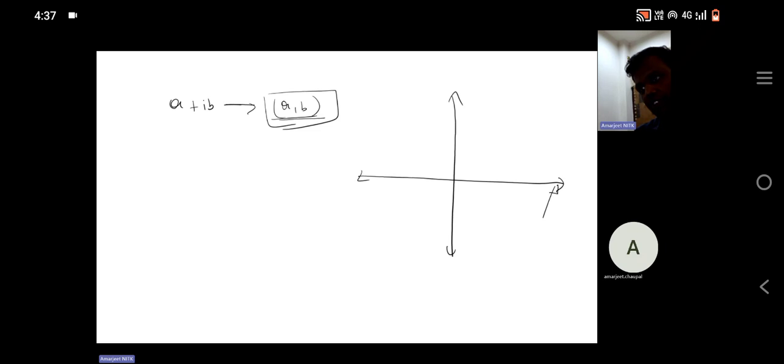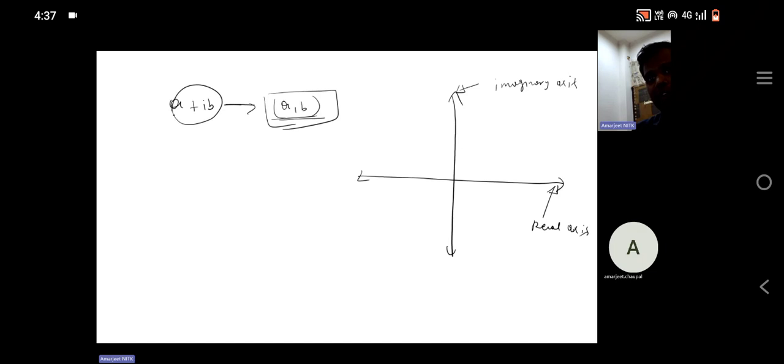This is also known as real axis, and this is known as imaginary axis. And this coordinate plane is known as complex plane or Gaussian plane. Okay.